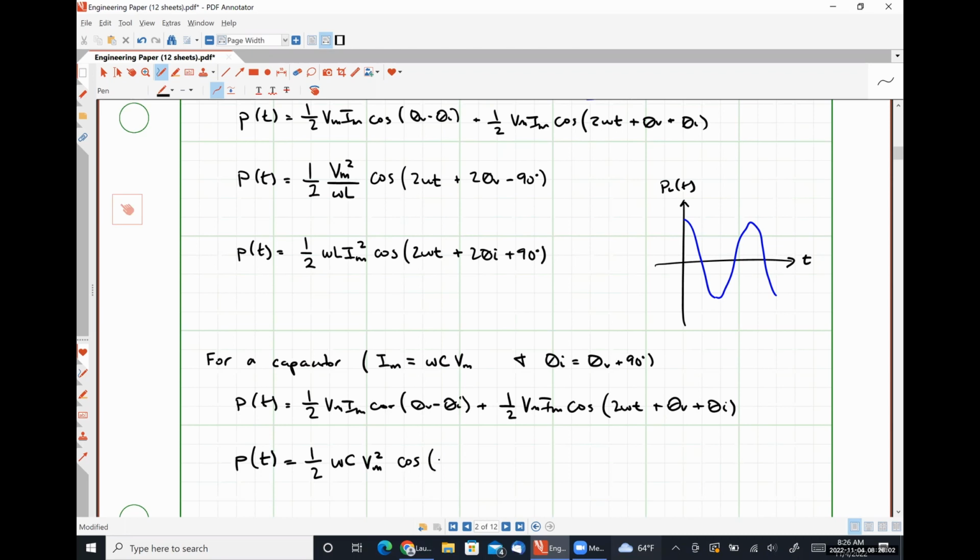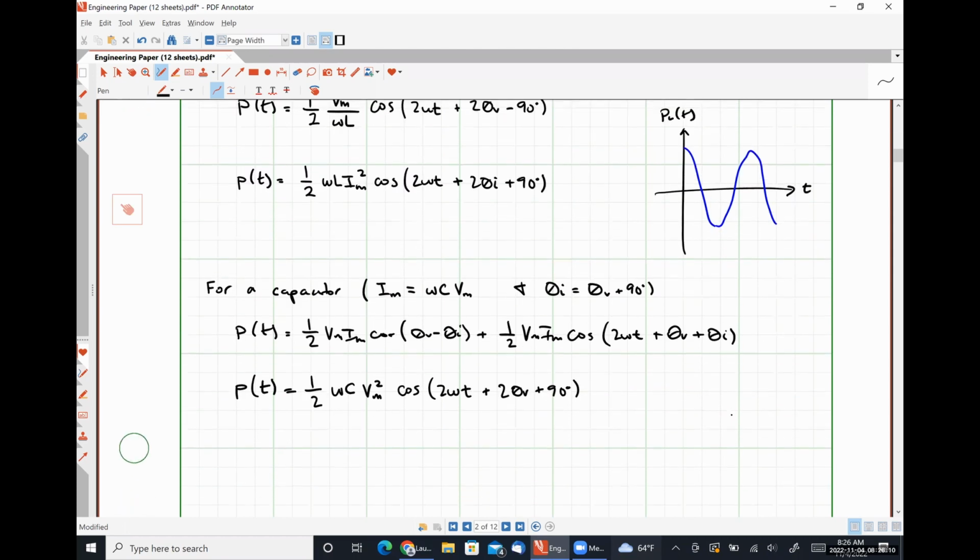We're going to have cosine of twice omega t plus twice theta V plus 90 degrees. In terms of our current, we're going to have Im squared over omega C cosine of twice omega t plus twice theta I minus 90 degrees.